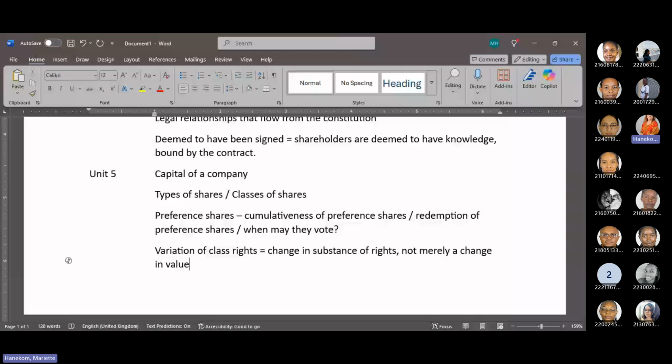It is important that you understand this because it affects the voting rights, which means when we get to the later unit, it is going to be important. Something that you must, in your study of company law, have started to realize is that all these units are linked to each other.